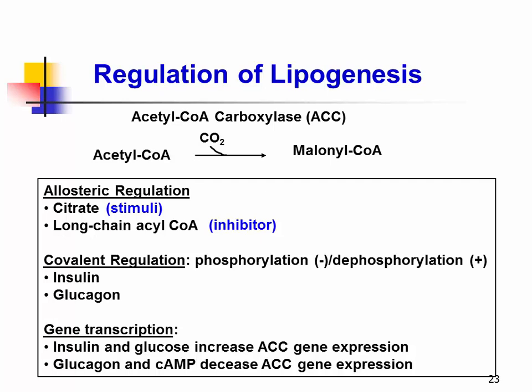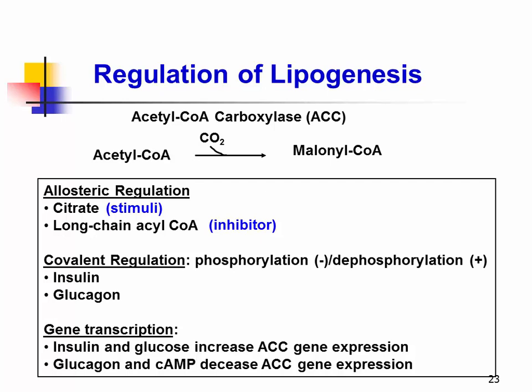Because if we have a lot of acetyl-CoA generated from glucose and fatty acid and amino acid oxidation, that means we will also have more citrate synthesized in the TCA cycle. That indicates we have a lot of extra energy in the body. So once we have higher citrate levels, we push fatty acid synthesis, trying to convert extra energy to fat.